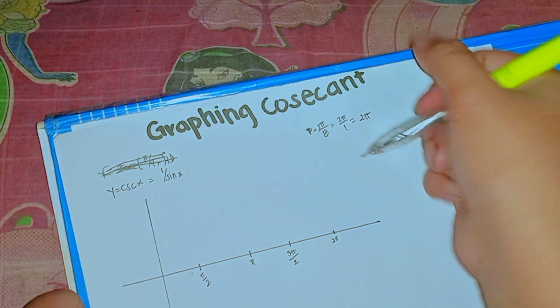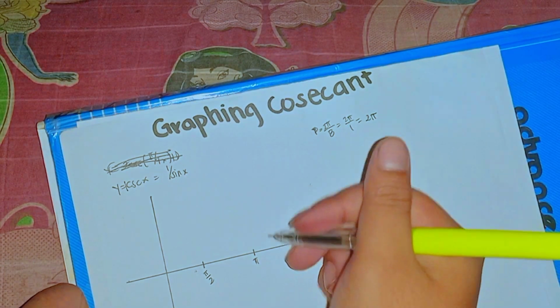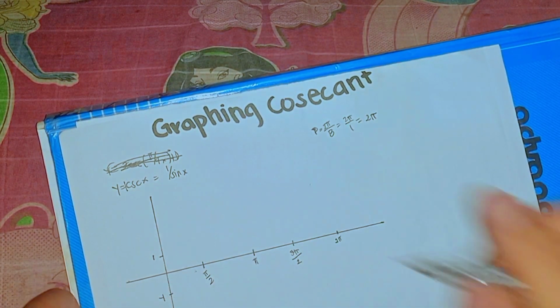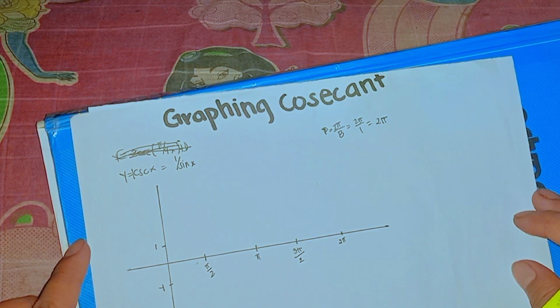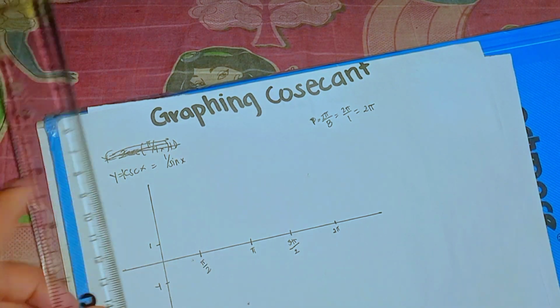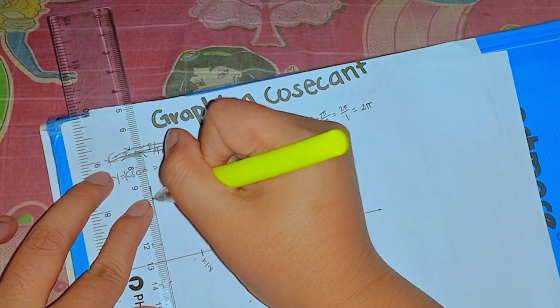Then we have the amplitude 1 here. So we have 1 here and negative 1 here. We'll put an imaginary line here for us to graph our cosecant.